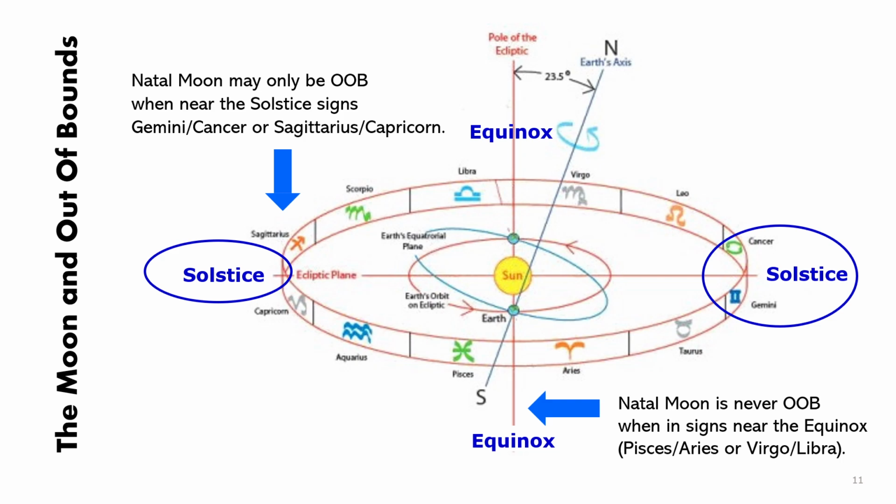And then, of course, in the middle here, you can see the equinox and our Earth's tilt from that. So one of the things is that the moon will never be out of bounds when it's near the equinox. But if it is during a time frame where it can go out of bounds, it will happen in either Sagittarius, Capricorn, or Gemini and Cancer.